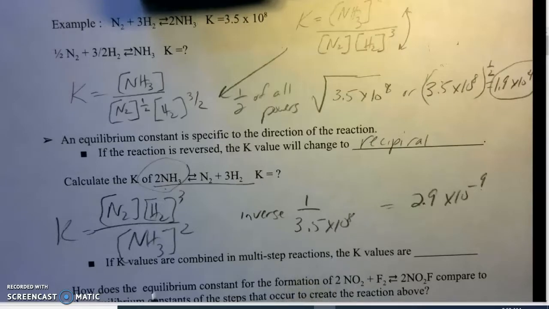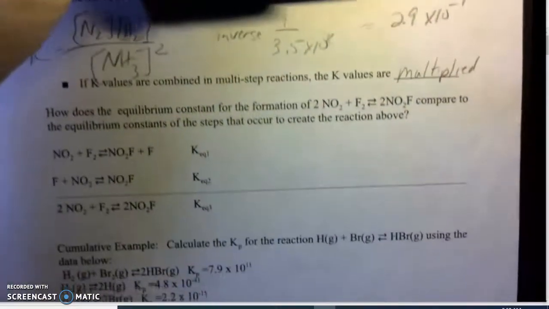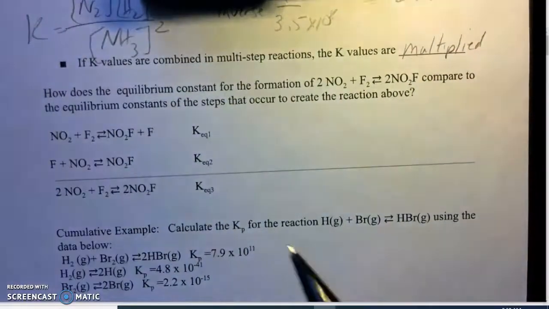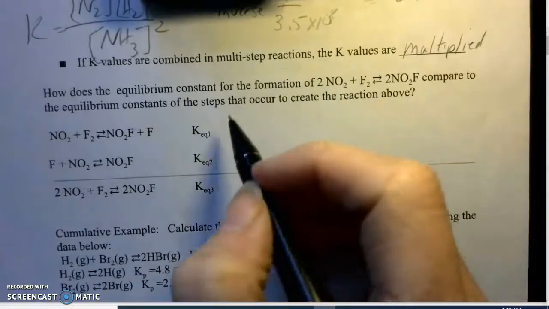All right, and then the next part, if we have multiple equations. In Hess's law, we add; in equilibrium, we multiply. Sometimes you have to do this if you can't find the equilibrium of all of them.